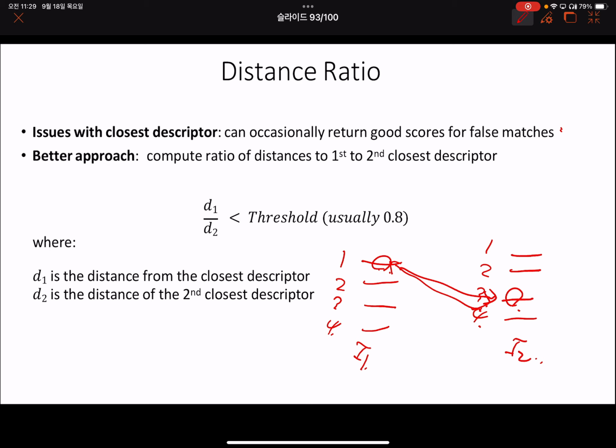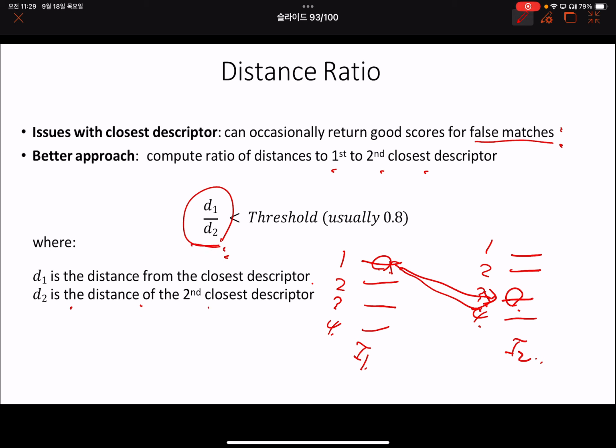So what people do to address this kind of false match is to consider the second closest descriptor as well. So compute the ratio of the distance to the first and second closest descriptors, where D1 is the distance to the closest descriptor and D2 is the distance to the second closest descriptor.